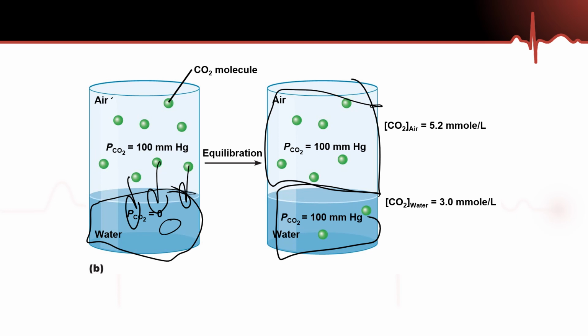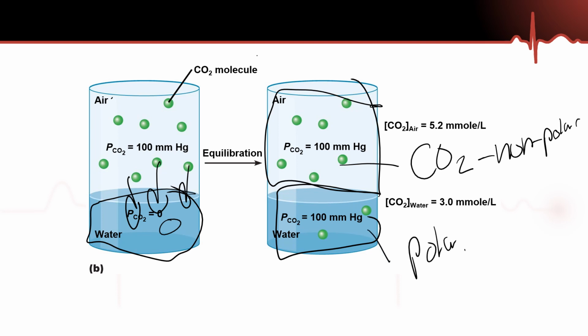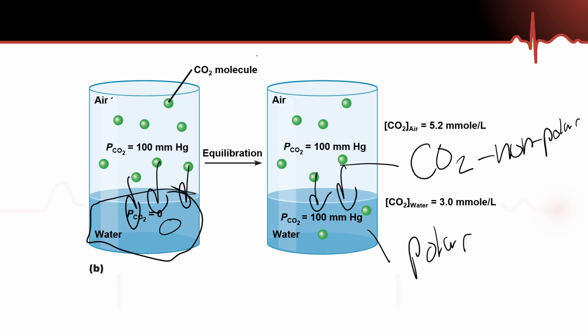Why didn't the partial pressure of carbon dioxide within the air fall at all? And the answer, just like with oxygen, is that carbon dioxide is non-polar and water is polar, right? So yes, carbon dioxide is going to move from the air into the fluid.